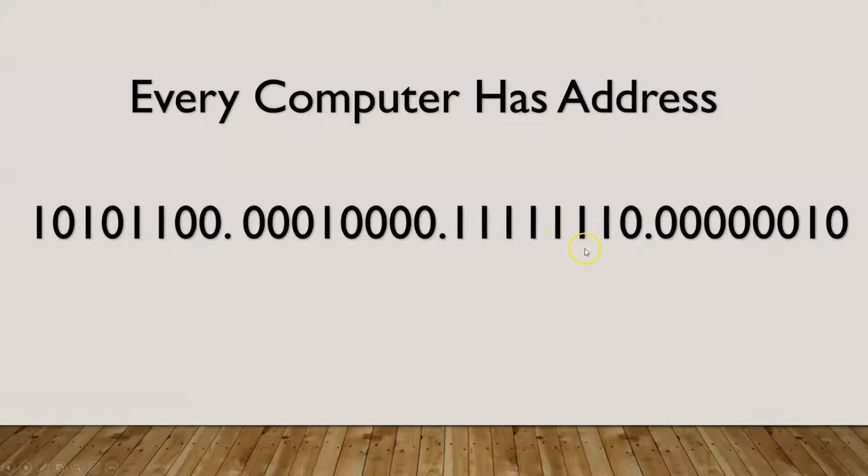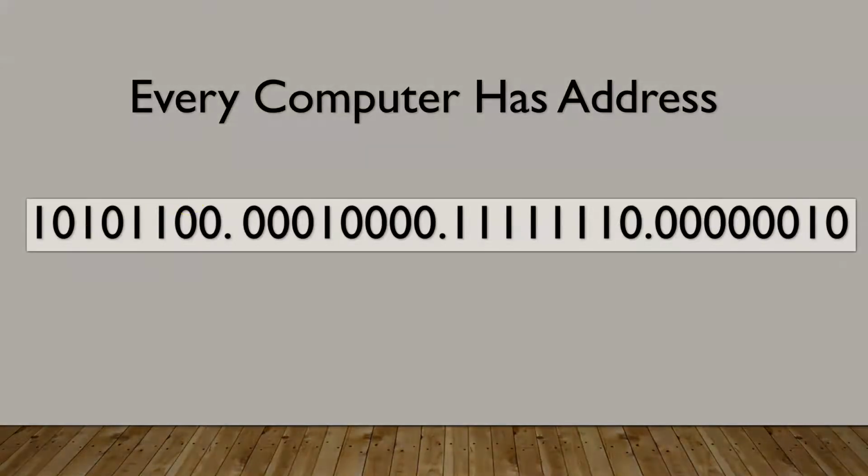As I said earlier, every computer on a network has a unique identifier which is represented in the form of 32 bits, which is equivalent to 4 bytes. So any IP address consists of 4 bytes.